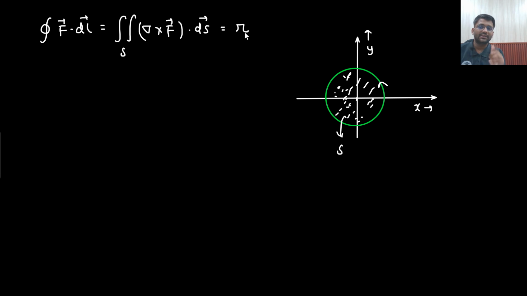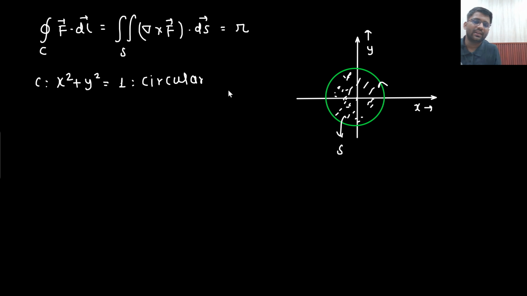Absolutely. That means this closed curve C will be nothing but a circle, x square plus y square equals 1. So what is my closed line now? My closed line is a circle.